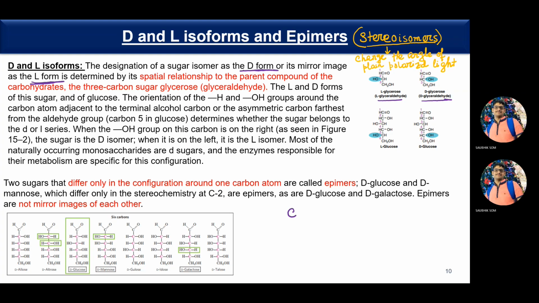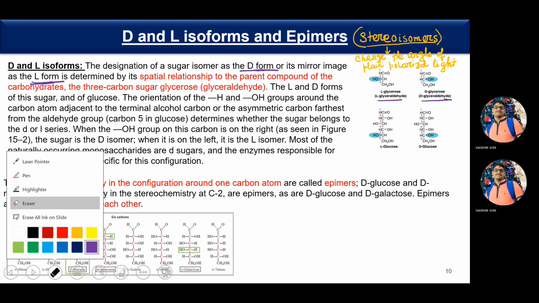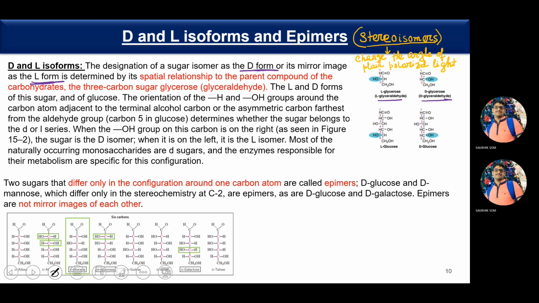Always remember, when you think of chirality, always consider this carbon C. Now these have multiple R groups. So R1 is our CHOH.